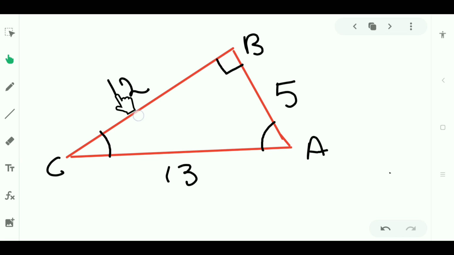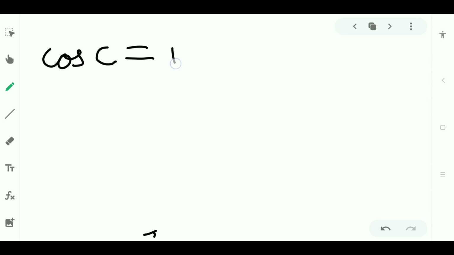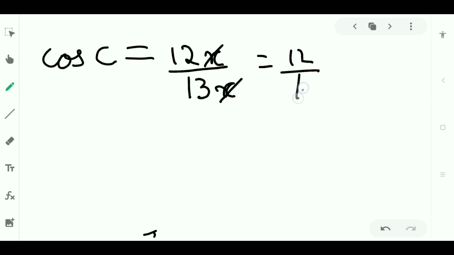These two sides can be opposite as well as adjacent, but hypotenuse can never be like that. It is only a hypotenuse. Okay. Now cos C is nothing but adjacent by hypotenuse, nothing but 12x by 13x. Same as the before one. 12x by 13x is equal to 12 by 13.